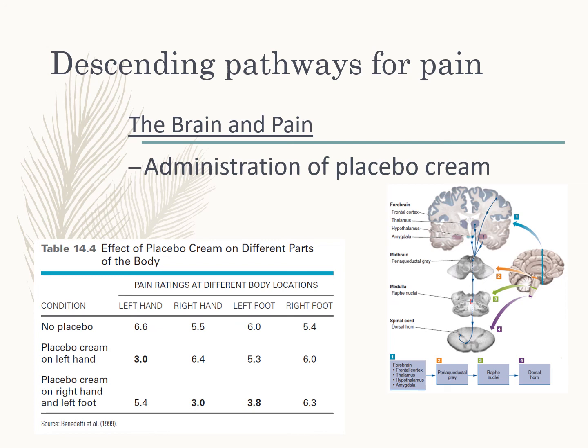This is a study that I would have read the informed consent and walked right out and said, nope, I'm not doing this study. You might feel the same way. What they did was they had participants come in and they injected their left hand, their right hand, their left foot, and their right foot with capsaicin. Capsaicin is the chemical that makes hot peppers hot.